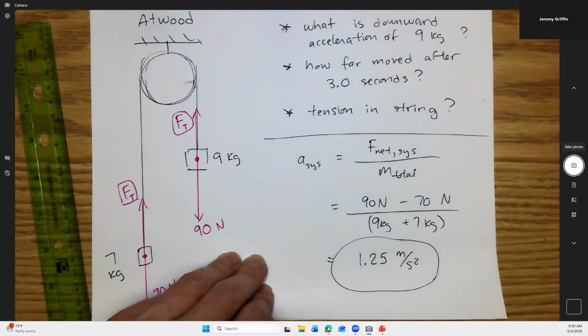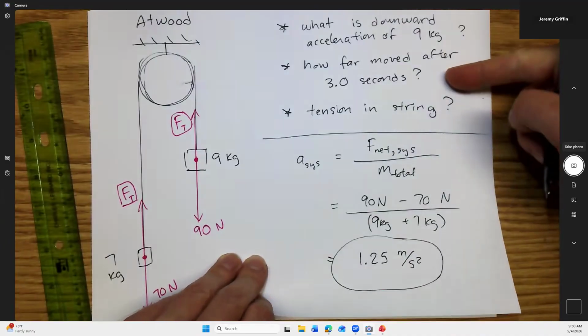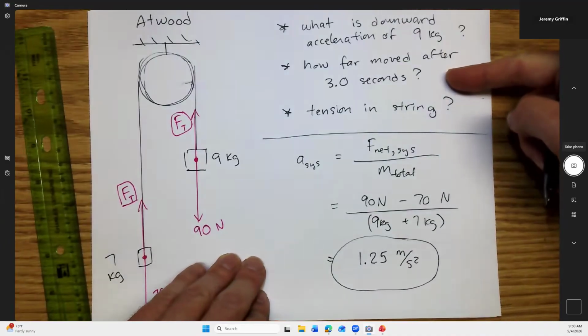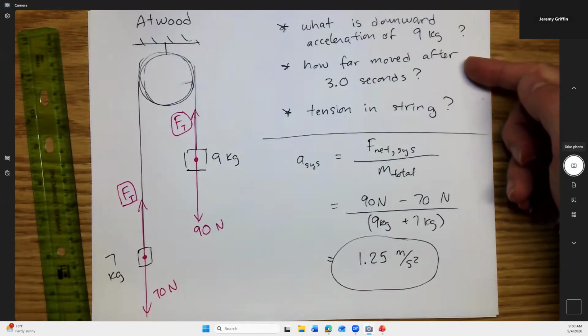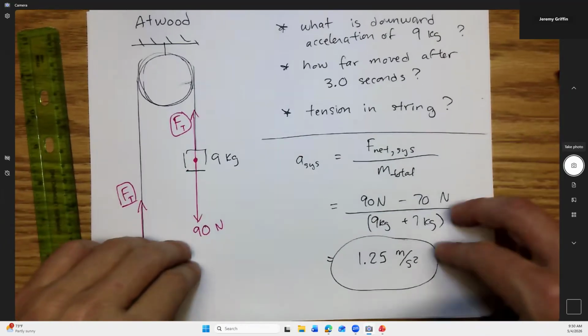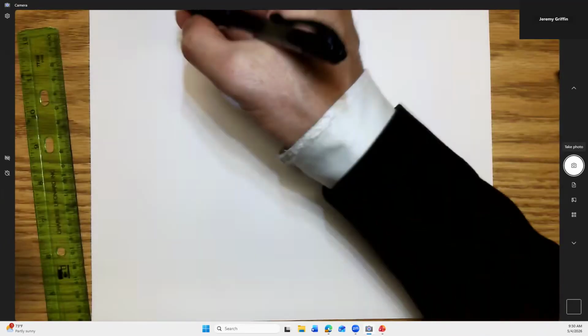How far does it fall after some time? Does that sound kinematic? Yes, you have to solve for distance. Who knows how far? What did you get? 5.6 meters.